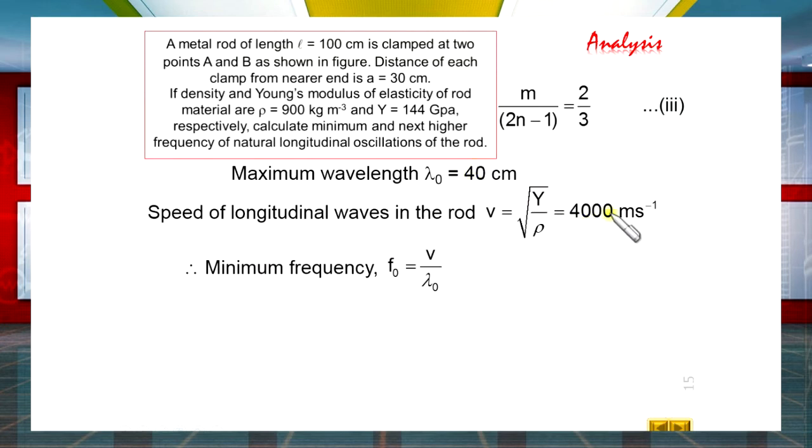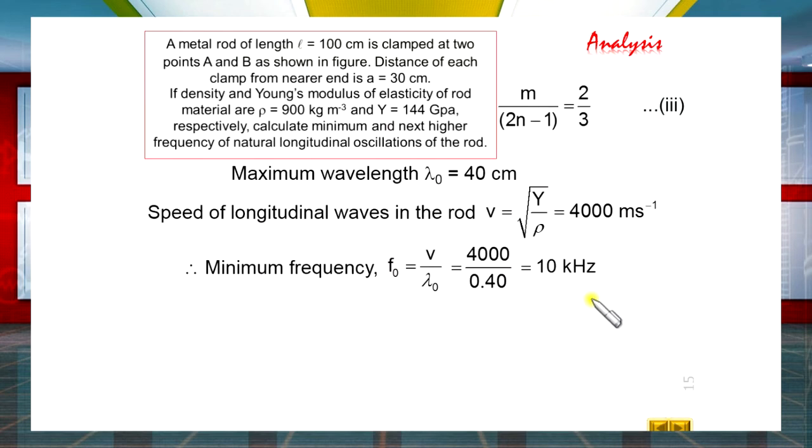So this is 4000 divided by 0.4. This is equal to 10,000 hertz. That should be equal to 10 kilohertz. So least frequency of oscillation for this type of structure equal to 10 kilohertz. So here we got the fundamental frequency or minimum frequency of this type of oscillation.